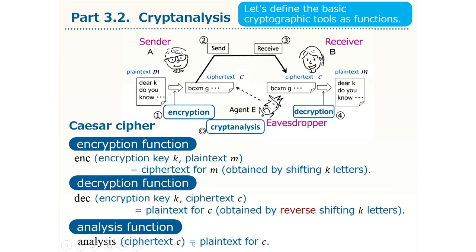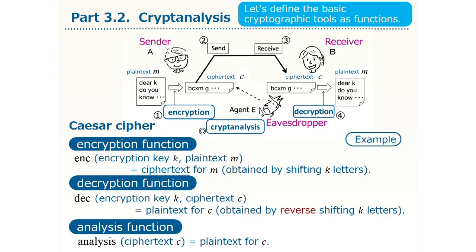We assume that the eavesdropper can get the ciphertext completely, but we also assume that he cannot get the key. The eavesdropper needs to compute the plaintext without knowing the key. Writing the goal of computation with a function reveals this difference.